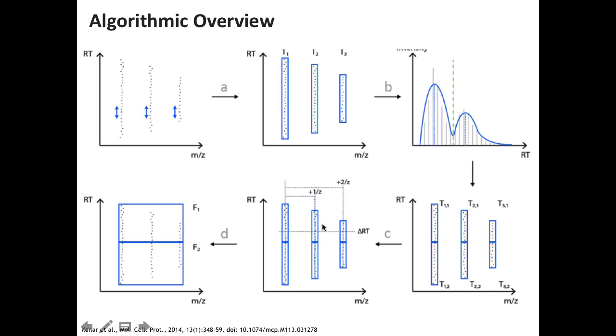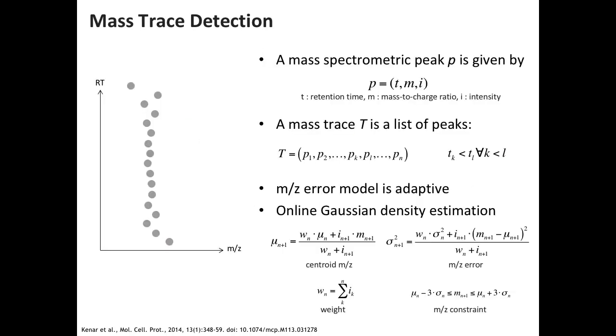We use the distance primarily, but also co-elution for that. And in the end, we end up with something very similar. We can also visualize that in top view in the very same manner. So the data will look more or less the same, independent of whether you do proteomics or metabolomics at this level. It's very similar. How do we detect these mass traces?